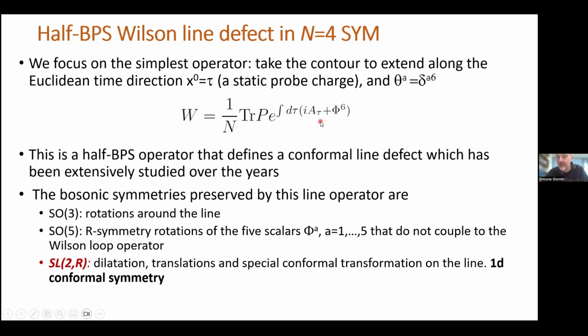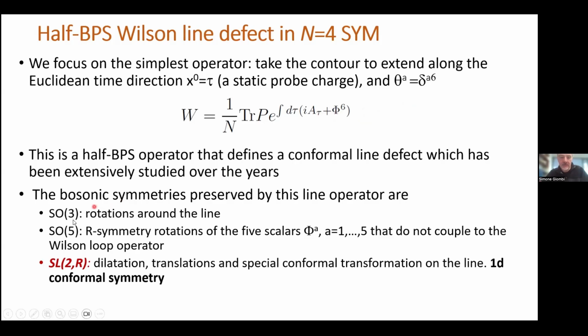First, let me stay with Euclidean time for now, and later go to real time. Then we take the scalar coupling to point in just one direction, so this operator couples to only one of the scalars.